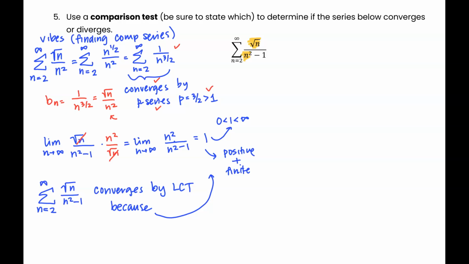Now, if you used any other comparison, this wouldn't have worked, but I didn't see much of that happening around the class. Most of us went in this correct direction. We did have a couple who tried to do direct comparison here.